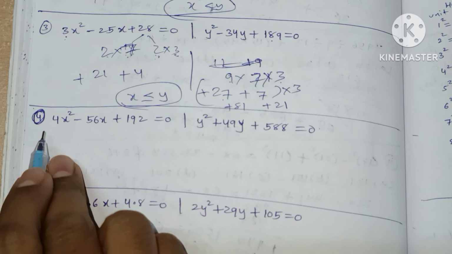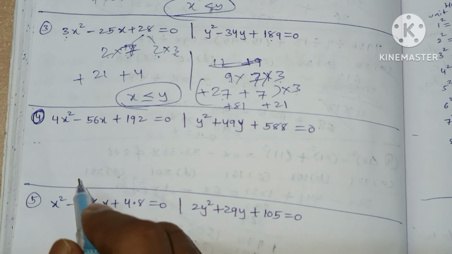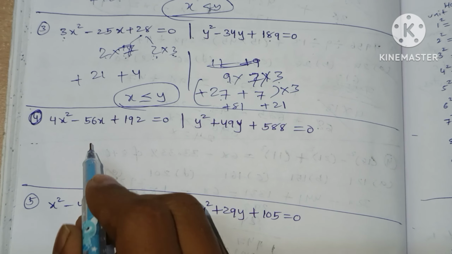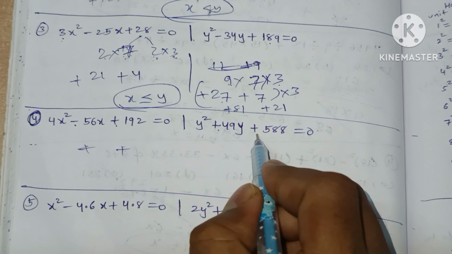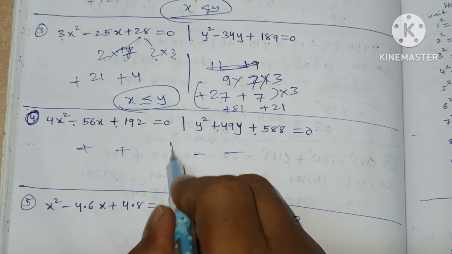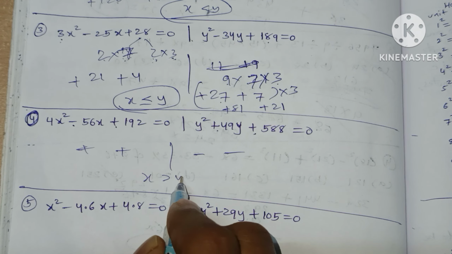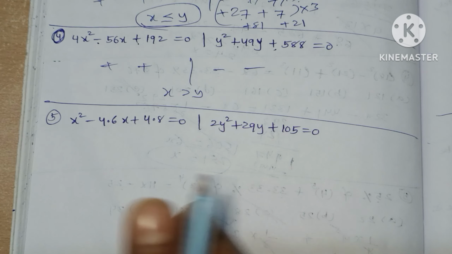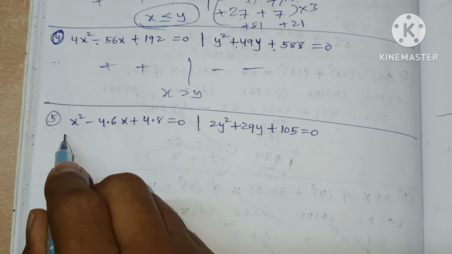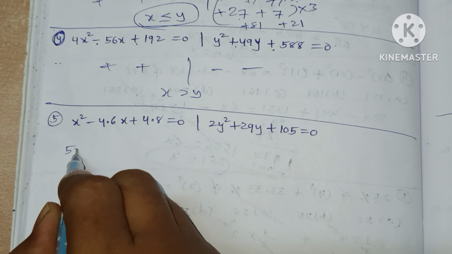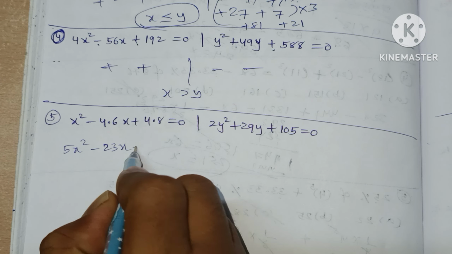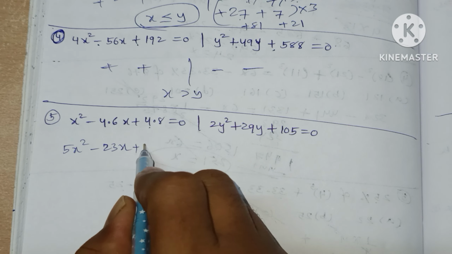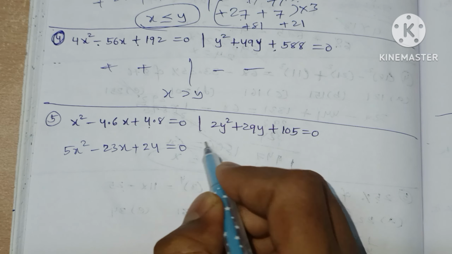Let's see question number 4. In this, it is minus and positive. The roots are positive. Here the roots will be negative. By comparing these two, x is greater than y. Moving with question number 5. Let's multiply this equation with 5. 5x square minus 23x plus 24 equals 0.